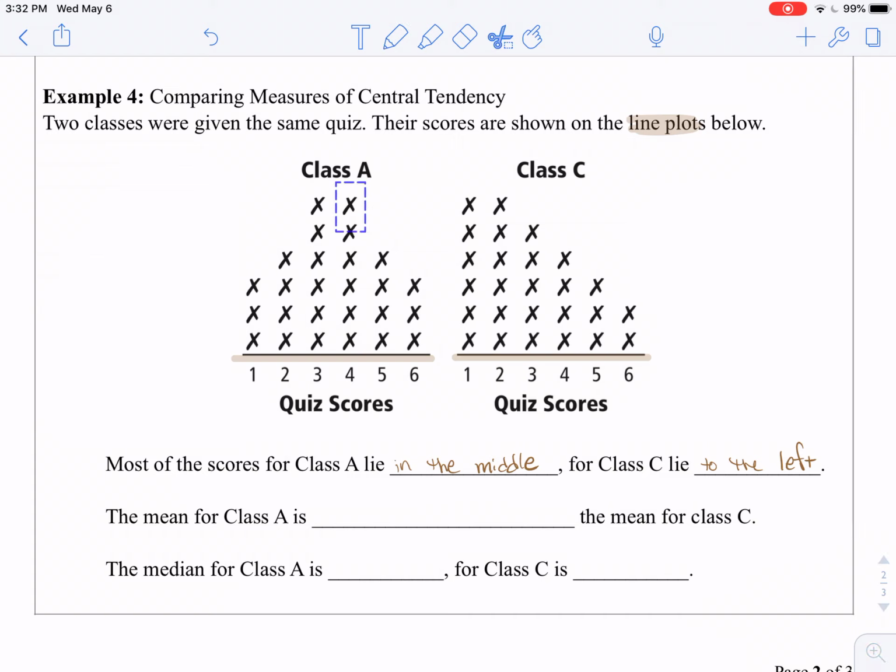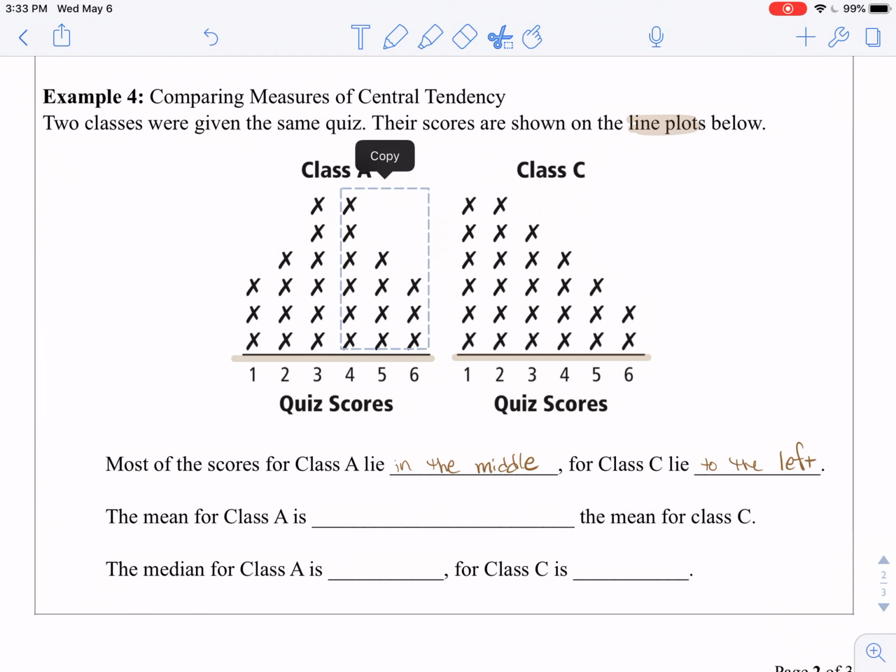This means more students in Class A got high scores and few students in Class C got high scores. However, 17 people got a 3 or less. That's wrong. That's 12 plus 5. Yeah, that's 17. Whereas here we have 13 people got a 3 or less. So Class A is obviously doing better.